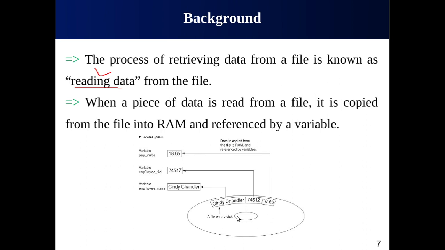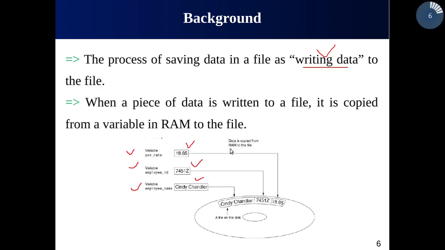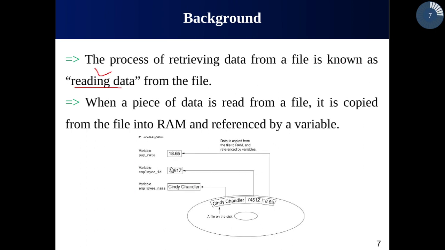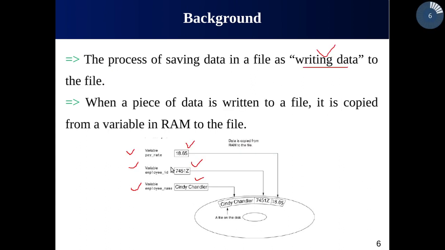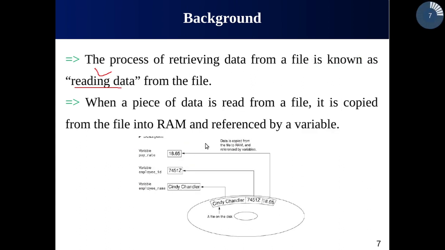And this is illustrated in this figure. So you can write data to the file from RAM, or you can read data from the hard disk to the RAM. The process of writing is the saving of data, and reading is retrieving the data from the hard disk.